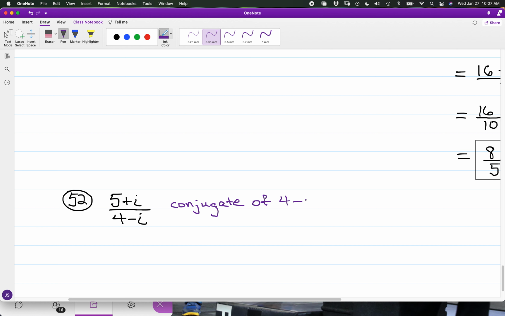So again, just working with the conjugate of the denominator, the conjugate of 4 minus i is going to be 4 plus i. So in taking what we have here, the quantity of 5 plus i all over 4 minus i.